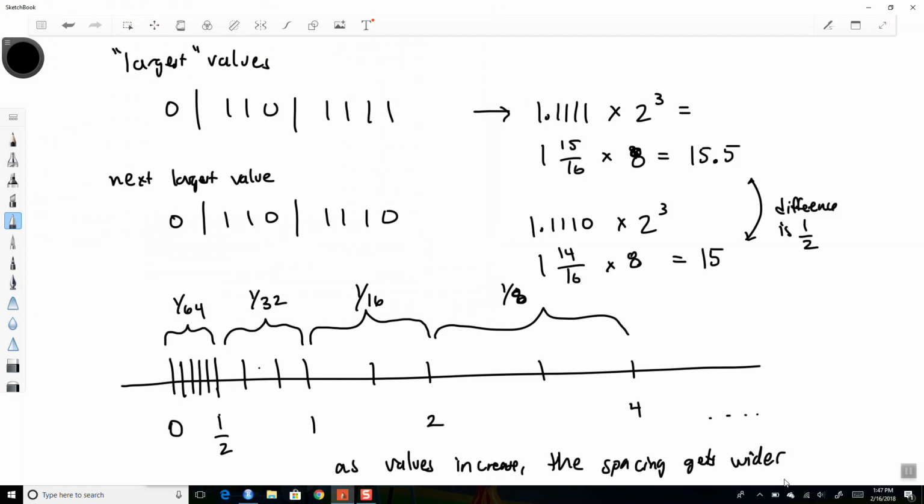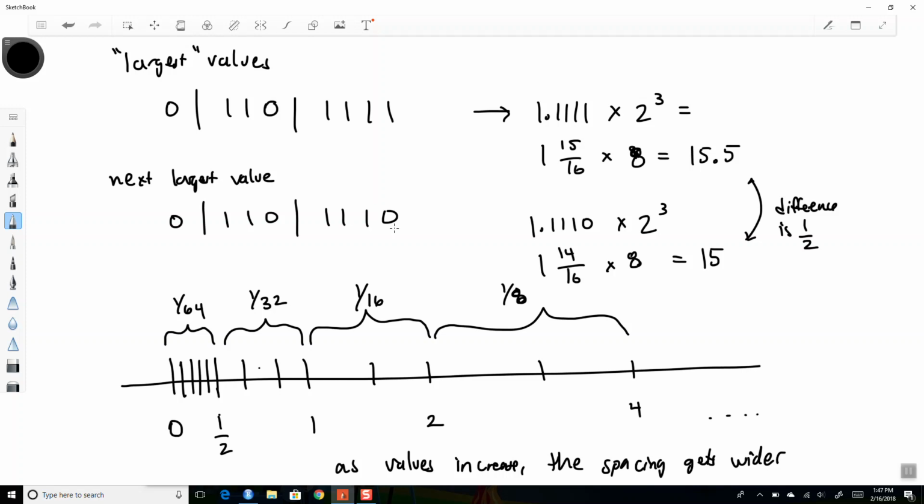And at any given time, the smallest distance that you can distinguish between two values, okay, wherever you are, is going to be whatever your exponent is, okay? So here my exponent is 2 to the third. It's going to be that times 1/16, okay?